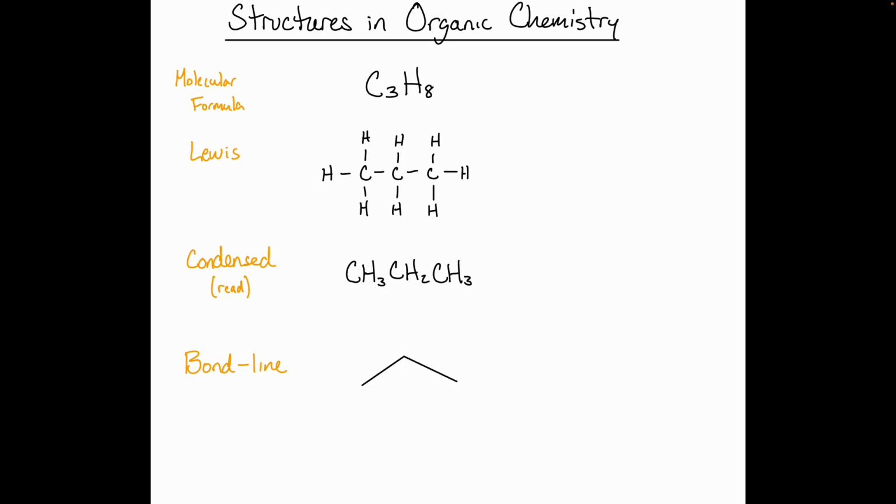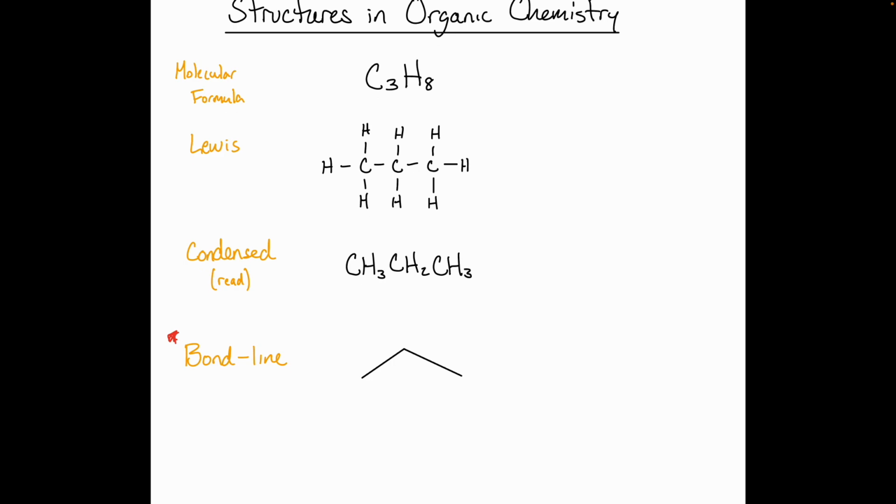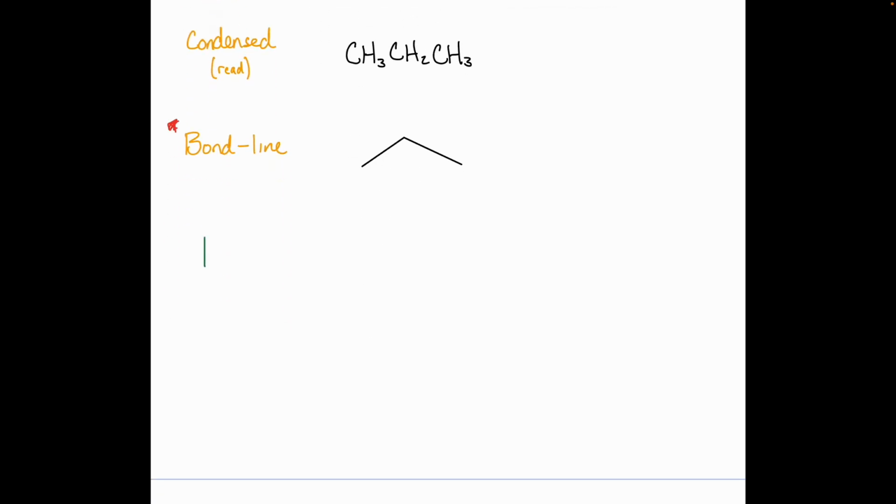So this would be how we represent the molecule using these bond line structures. That same propane that we first represented in the Lewis structure, then the condensed structure. This one right here is the important one. We want to make sure that we know how to read these bond line structures. We're going to see these things over and over and over again. Okay? All right, so bond line structures.